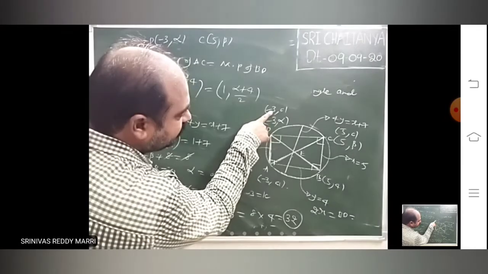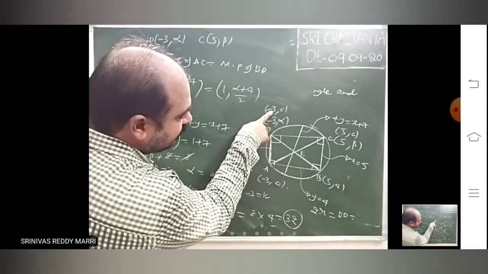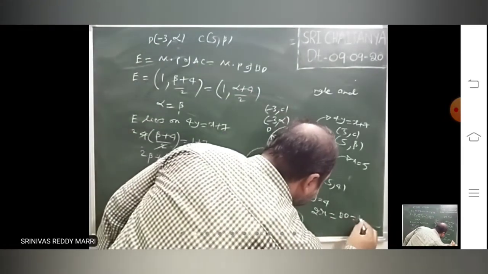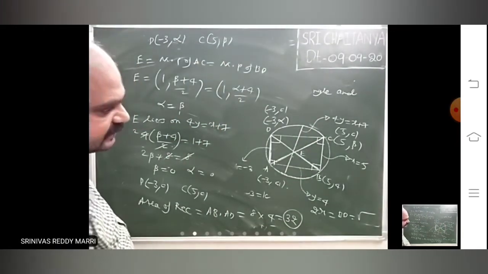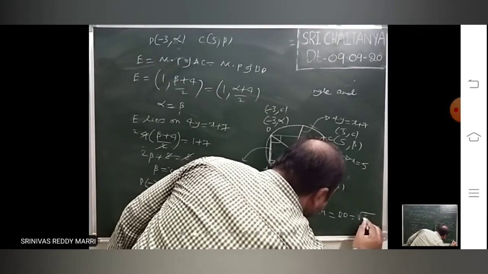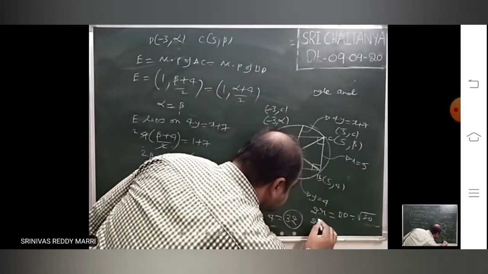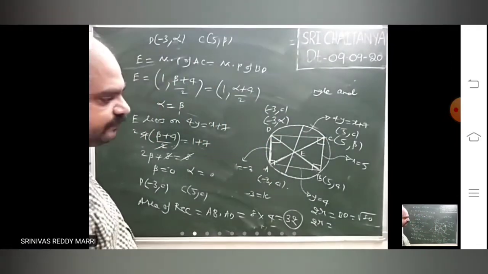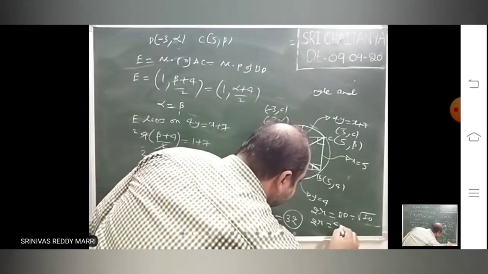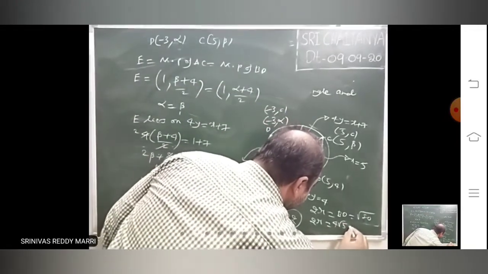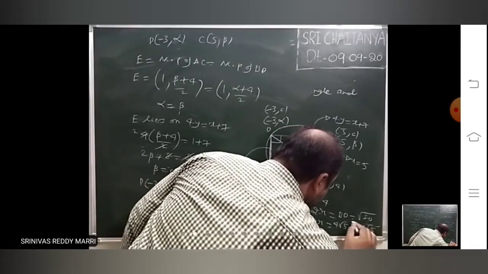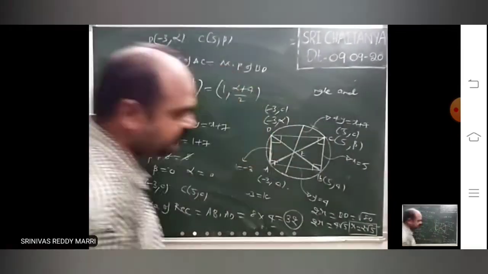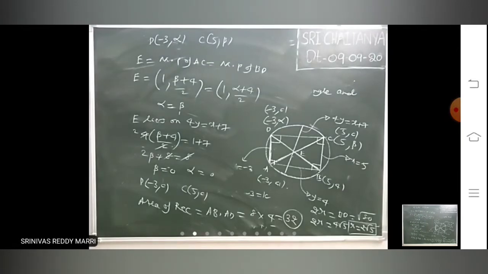Root of 5 plus 3 whole square 64, root of 64 plus 16. That means root 80. So that means 2r equals to root of 16 into 5. What is the radius? Radius of that circle is nothing but 2 root 5.